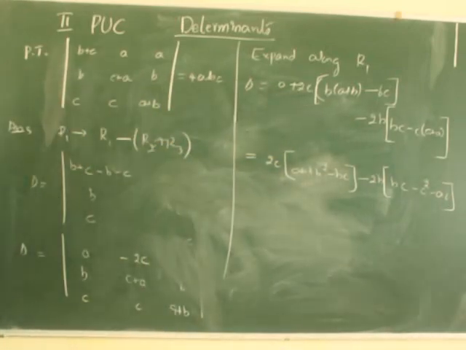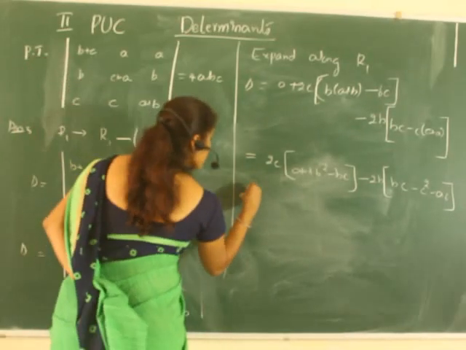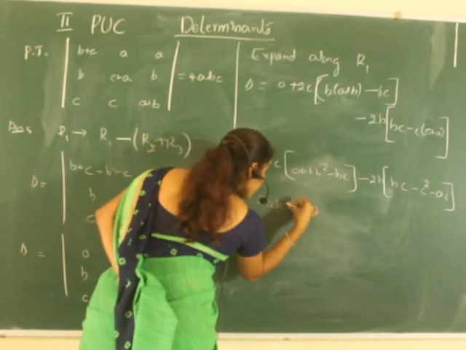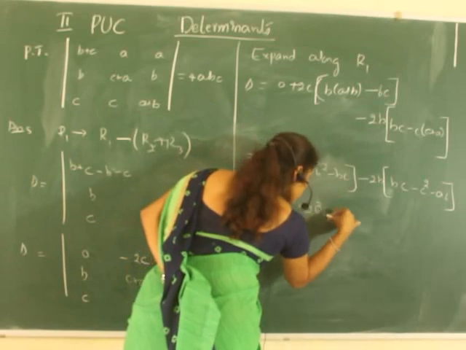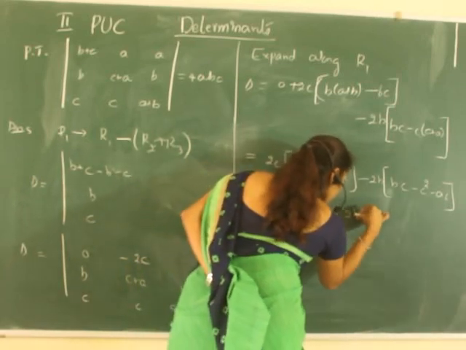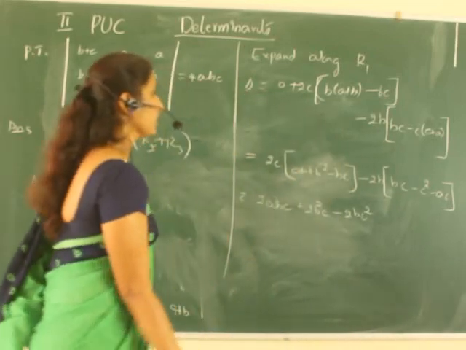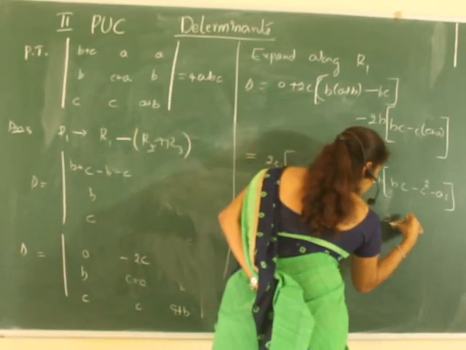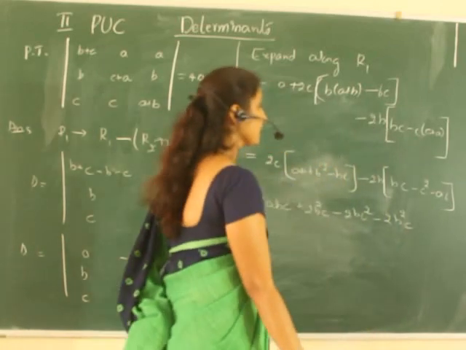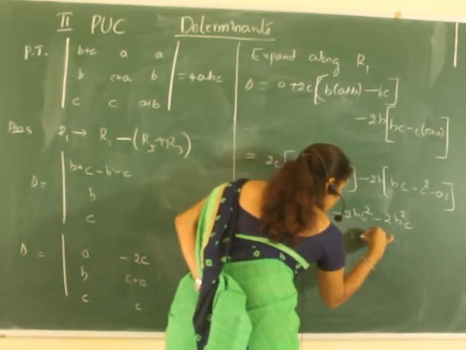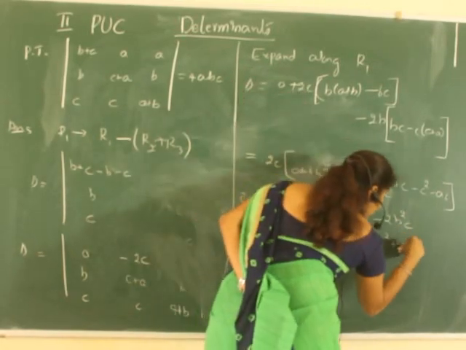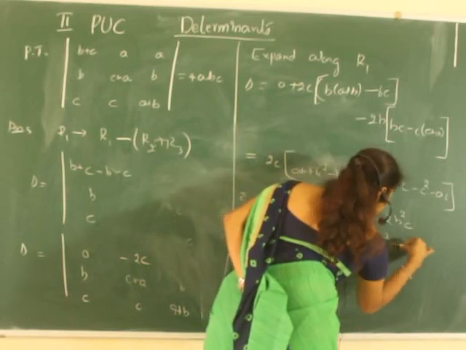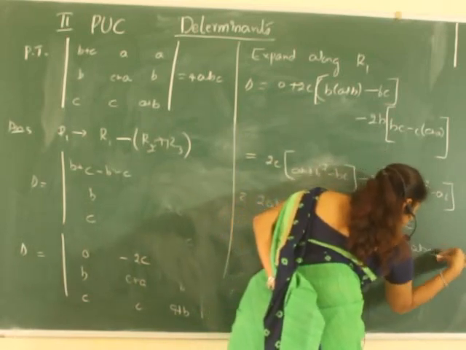After that, we can multiply all the terms. So it will be 2abc, then 2b square c minus 2bc square, then minus 2b square c, then plus 2bc square, then plus 2abc.